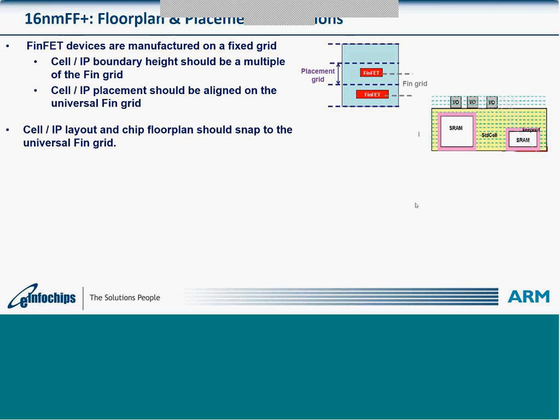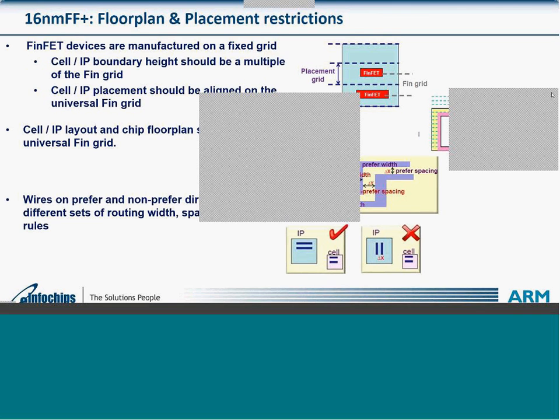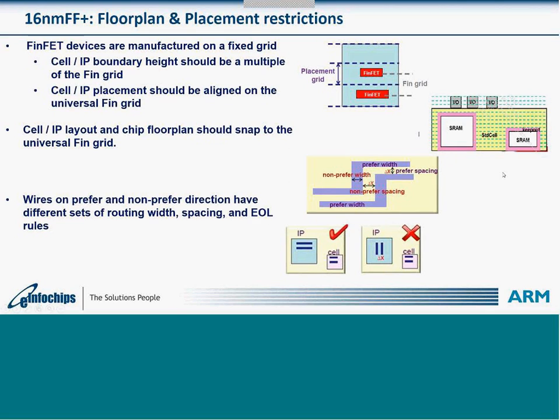Metal layer restrictions. With FF Plus technology, we have a different min width rule for preferred direction and non-preferred direction of metal. Example, if we take M4 as a metal layer, the preferred direction min width is lesser than the non-preferred direction of metal for jogs.